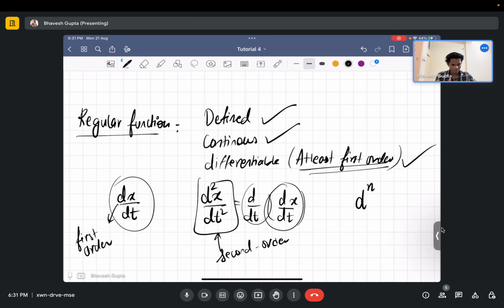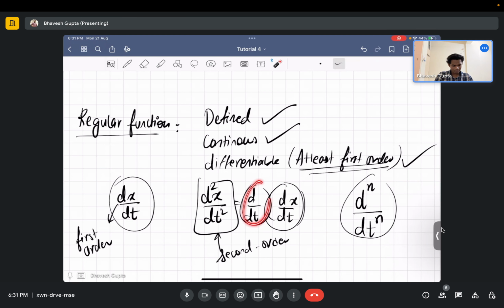This tells you that you have taken the derivative twice, that you have taken this operation twice. So this is an operation, not a power. So if someone writes d^n over dt^n, that means you're basically taking this operation.